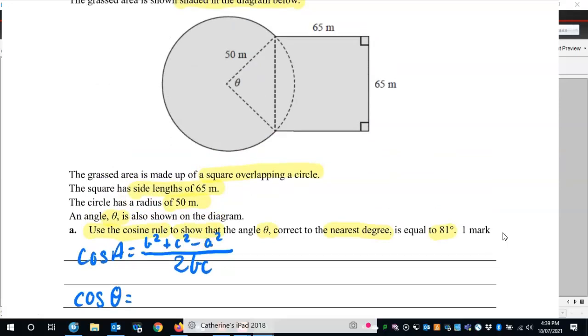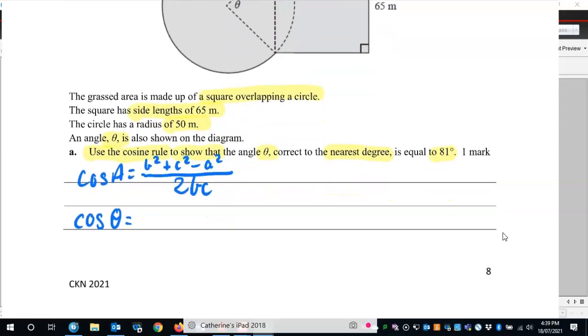Side A is that length there, which is 65 meters. So that is 50 squared plus 50 squared minus 65 squared divided by 2 times 50 times 50.